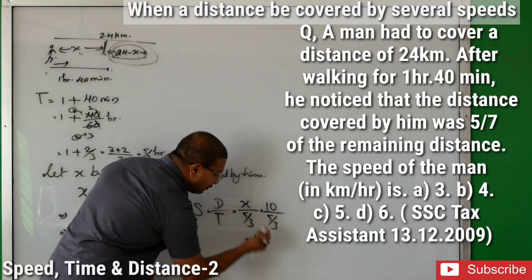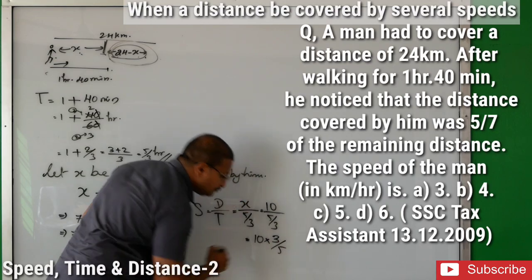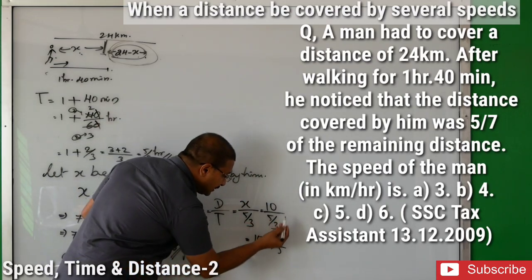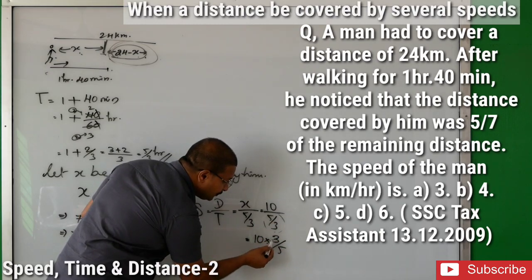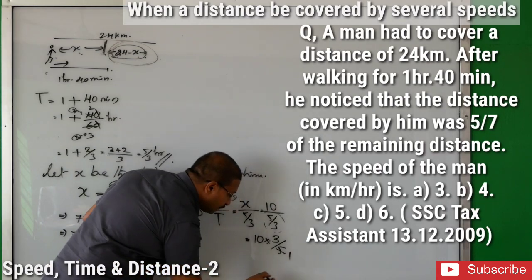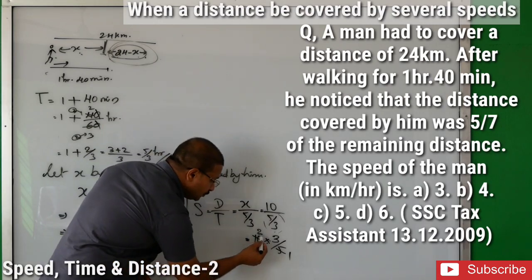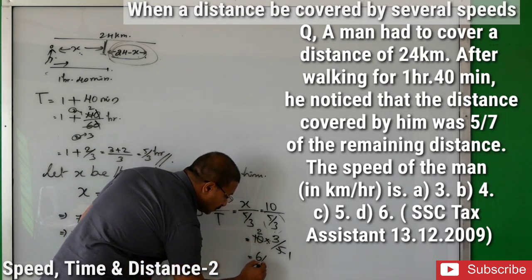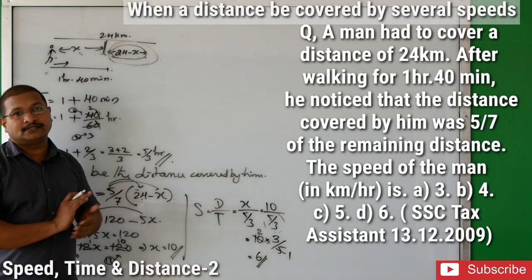If I change it into multiplication, 5 by 3 will become 3 by 5, that means inverse. Now, 5 ones are 5, 5 twos are 10. We are cancelling by 5. Now, 2 threes are 6. So, the answer is 6 km per hour. That means D is the right option.